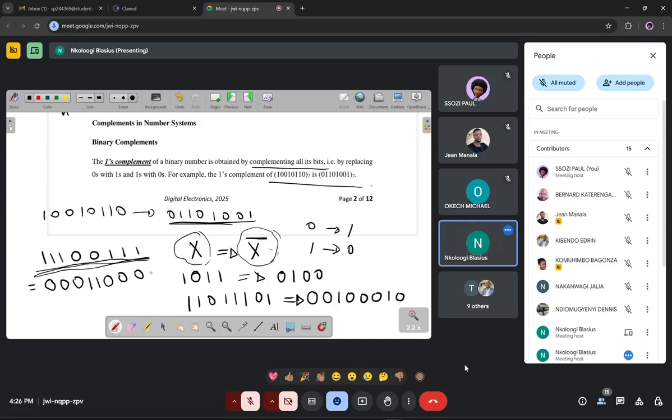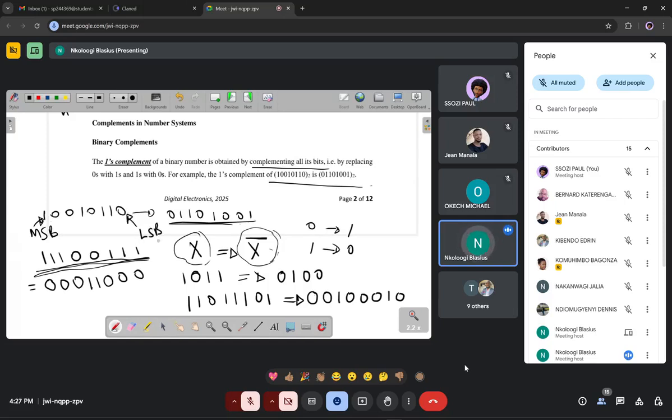MSB. At the moment, let me first talk about MSB. For example, in this number, the MSB is going to be the first number from your left side. Then the LSB is going to be the last number, or the first number from your right-hand side.